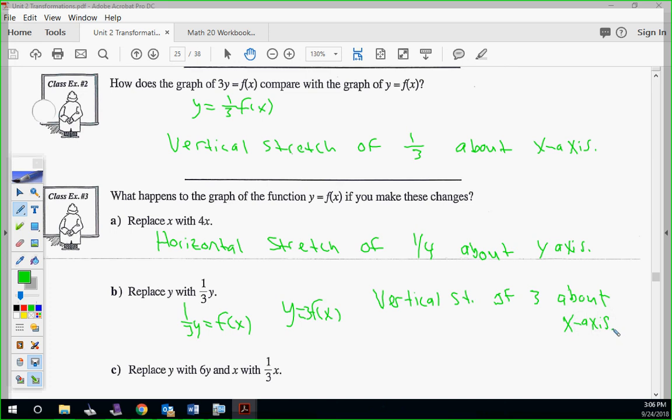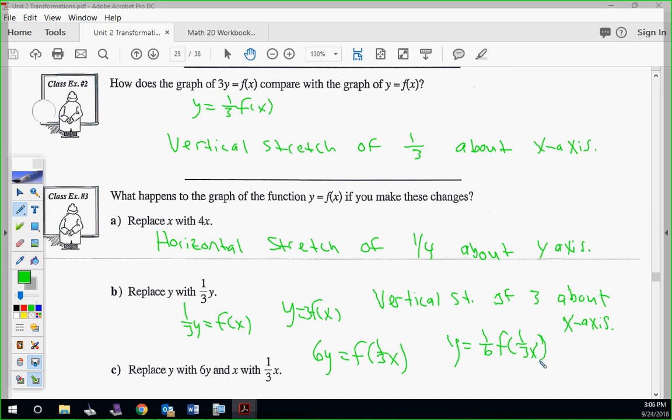Replace y with 6y and x with 1/3 x. So we're doing two things now. Okay, y with 6y, so it's going to be 6y equals f of 1/3 x. So I'm simply going to divide the 6 over so I can have everything in y equals form, which is the same thing as 1/6 f of 1/3 x.